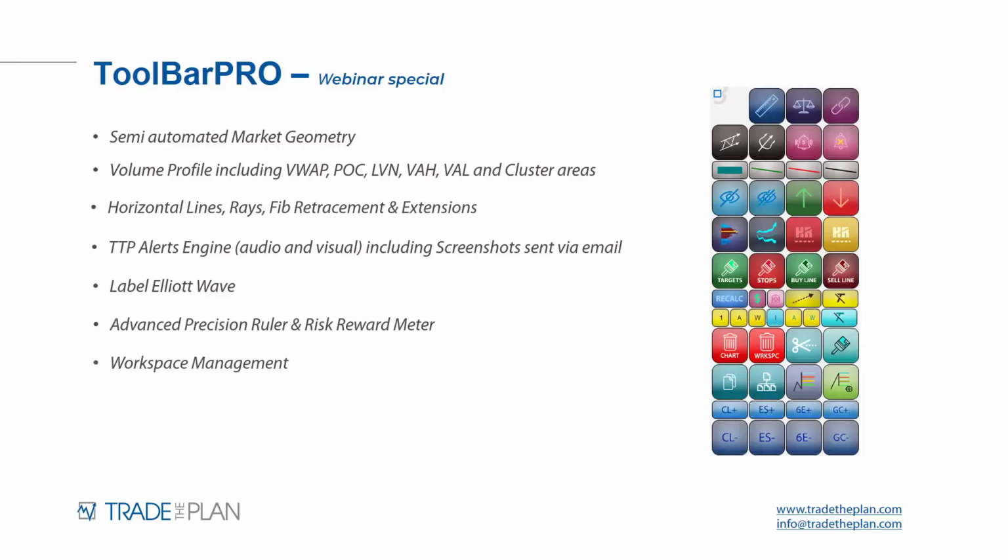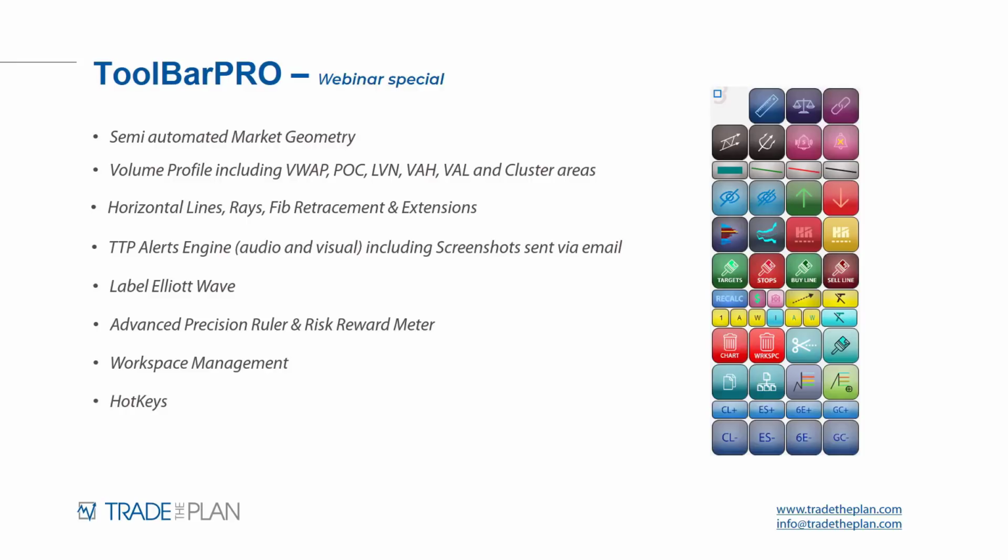Workspace management, you can add workspace buttons to your toolbar for all of your workspaces and assign each button for one individual workspace. So this makes it very easy to toggle back and forth between workspaces if you're trading a lot of markets. And you can also make them hotkeyable.